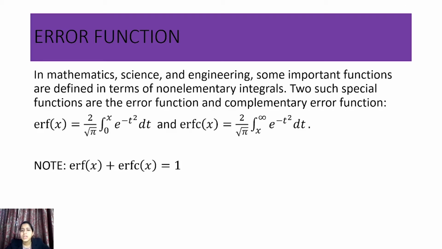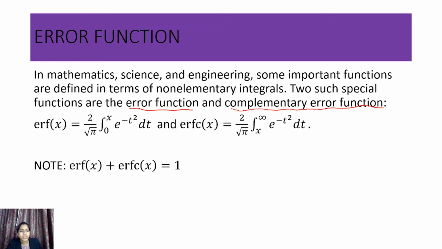So here we are going to discuss two types of functions. One is the error function and the other is the complementary error function. Okay, there is a very slight difference between them. The error function is denoted by erf of x, and the complementary error function is erfc, C for complementary.